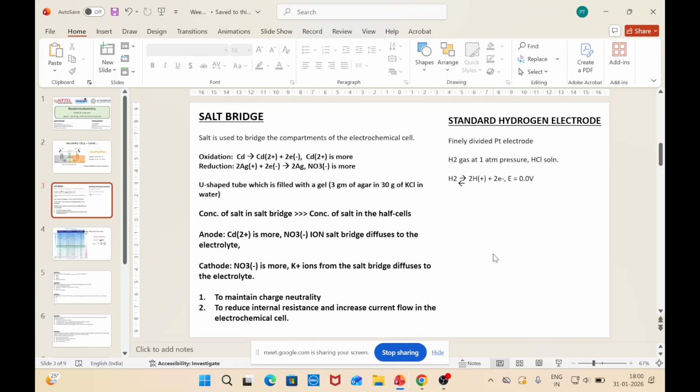Before asking this, I want to ask one more question. Why is the platinum electrode used in this experiment to measure the standard potential? Why not some other electrode? Because platinum is quite expensive, right?